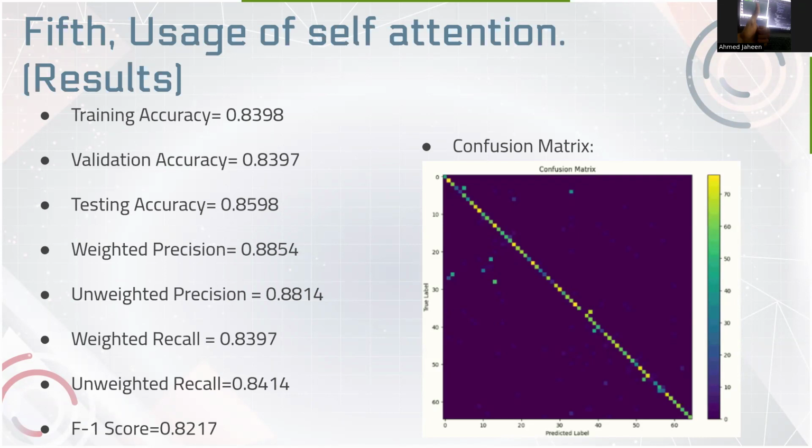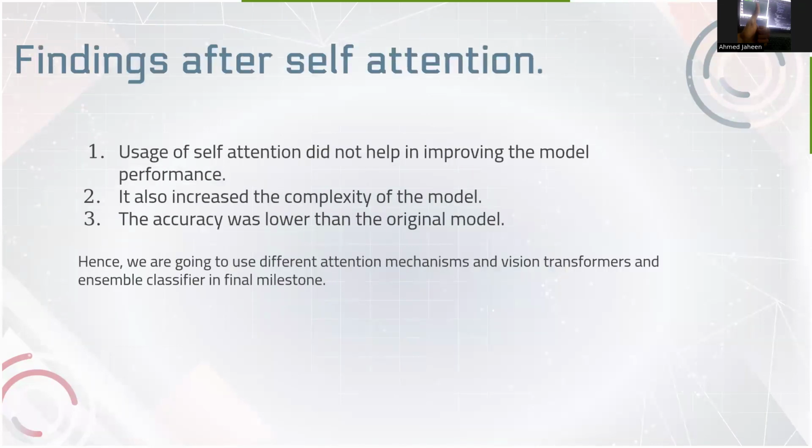It's more than region-based, but it was so bad and performed badly on our model, and it increased the complexity of our model and didn't help at all in improving the performance. So we're going to use a different attention mechanism and vision transformers with ensemble classifiers in our next milestones.